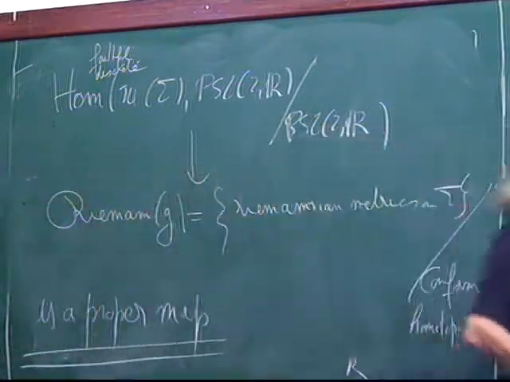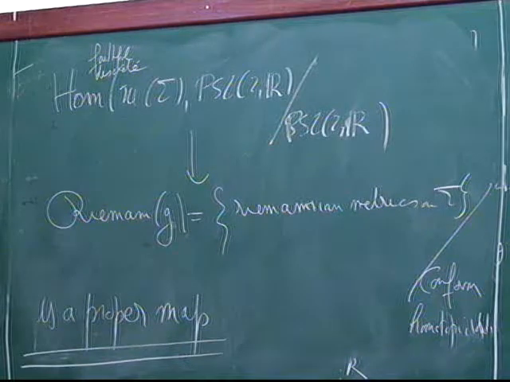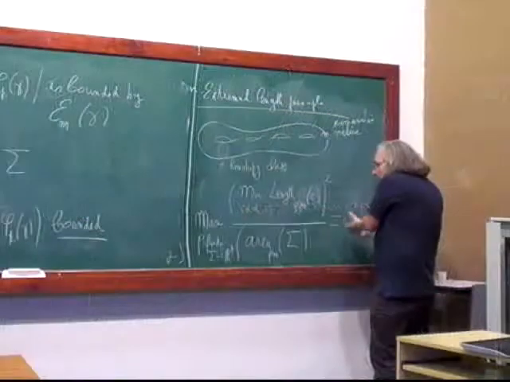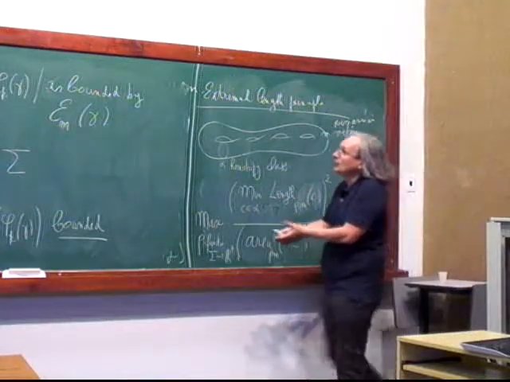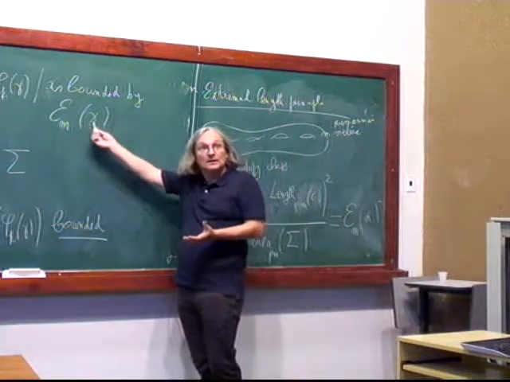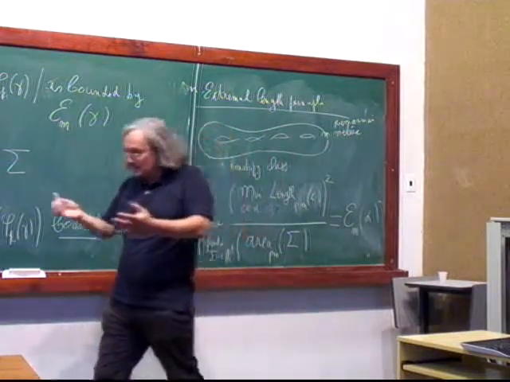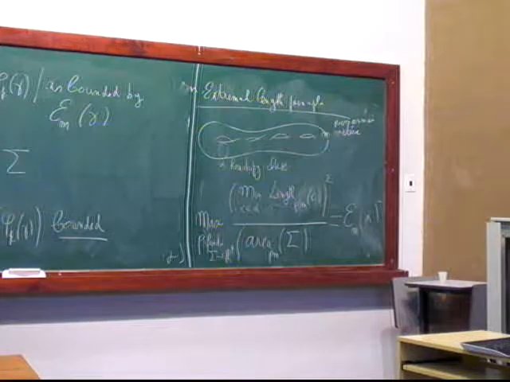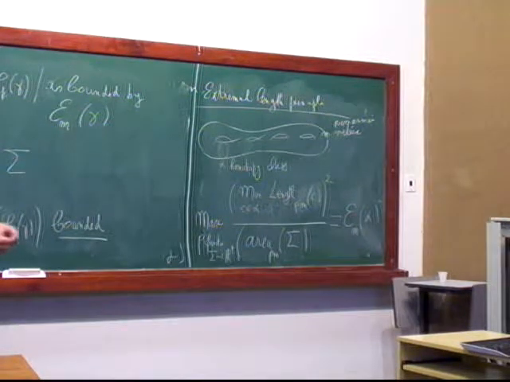You use this extremal length principle to get a number which gives you a bound on the traces. And since traces define the linear representation, this gives you a bound on the linear representation. And you have properness. So that's the final point of the proof of Poincaré and Klein.